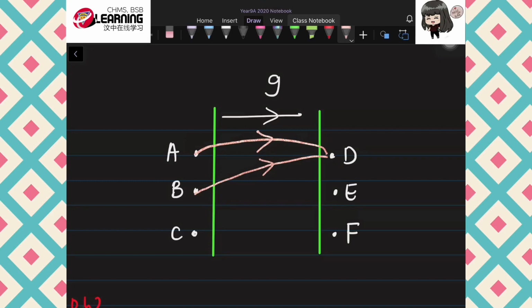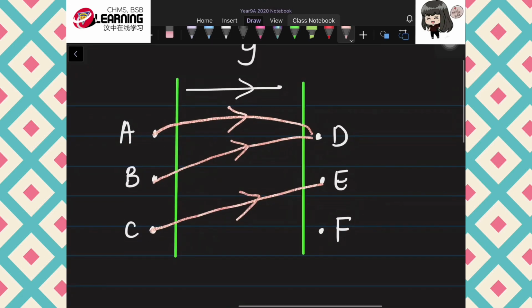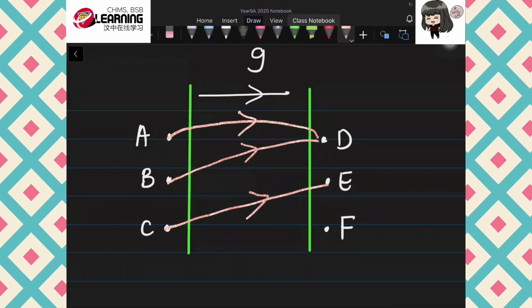And object C will map onto E, and F, nothing. For image F, there's no object for that.